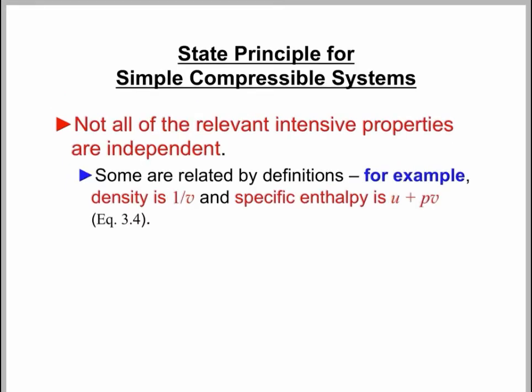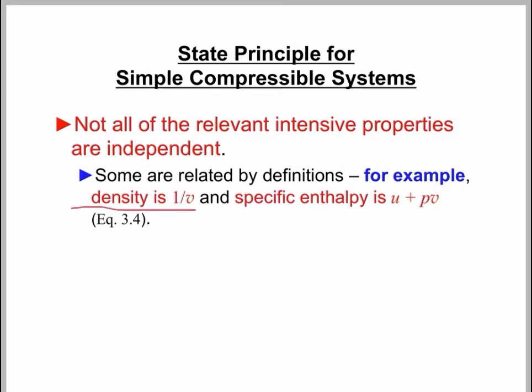Any two independent state properties will allow you to look up or calculate all other state properties. However, not all state properties are independent. For example, density is simply the reciprocal of specific volume.